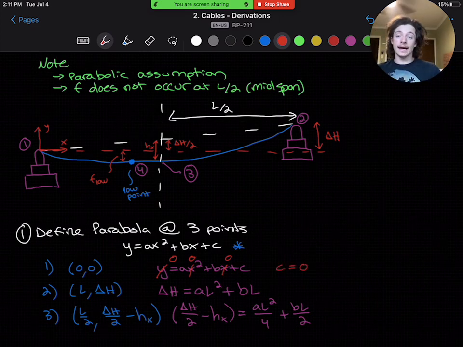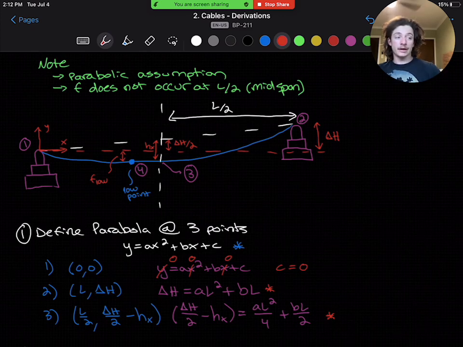Point 2 will be the right-hand side abutment defined by x equals L and y equals delta H, which allows us to arrive at this equation when we plug it into the parabolic equation with C equals 0. And then point 3 will be at the midpoint, where x equals L/2 and y equals delta H/2 minus sag. And that helps us arrive here when we plug that into the parabolic equation.